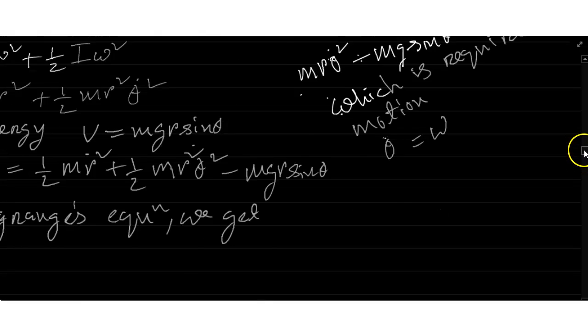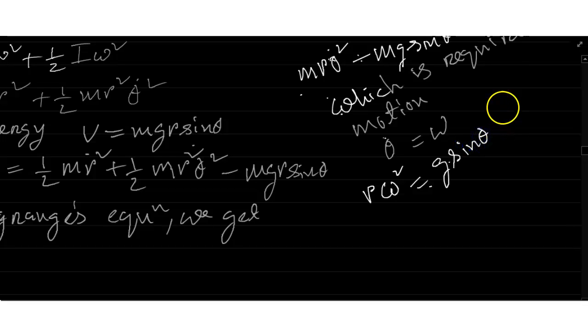So we get r omega square is equal to g sin theta, and theta is equal to omega t, plus r double dot.